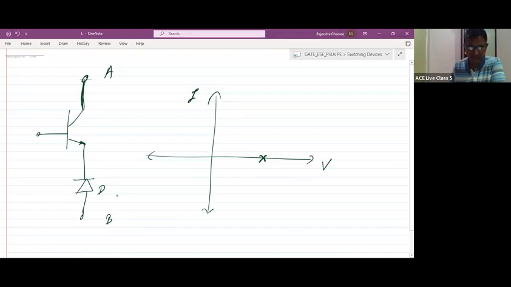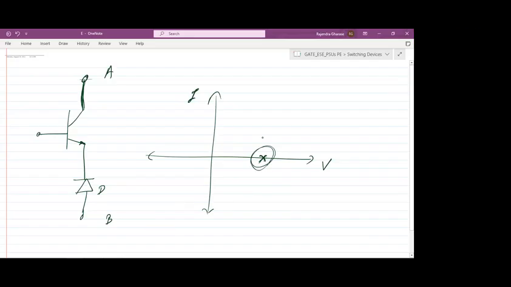During reverse bias, our BJT does not block the voltage, and the reverse current also will not flow. So only forward current will flow, and the forward voltage will be blocked.